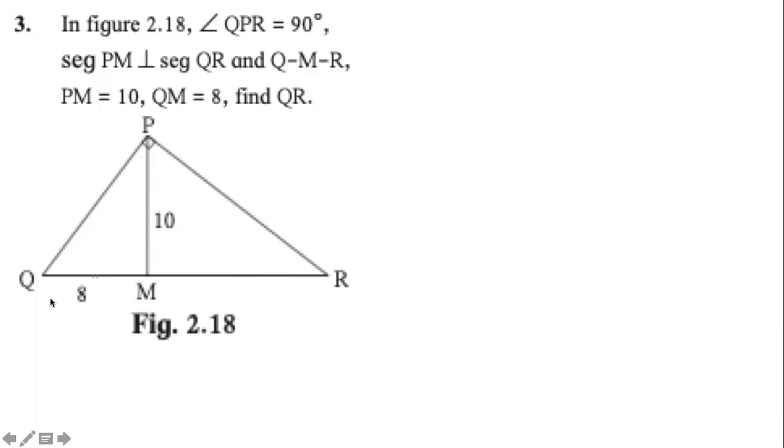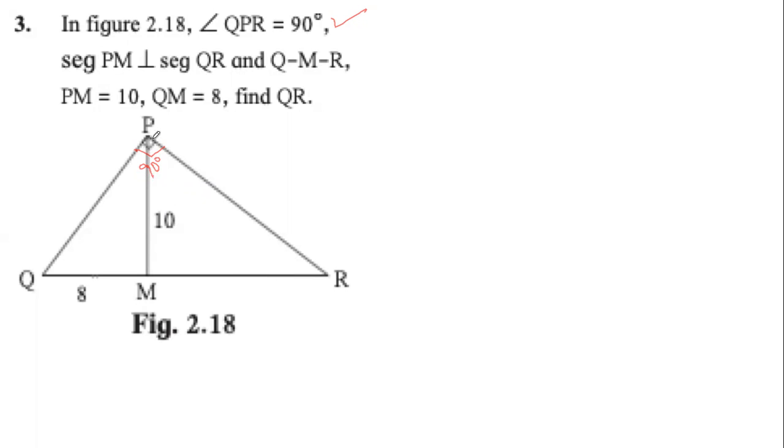So we have a triangle. Yes, there is a triangle, and the triangle is PQR. But the angle that we are referring to is this angle, angle QPR, 90 degrees. That is the first part. The second part says segment PM is perpendicular to segment QR.